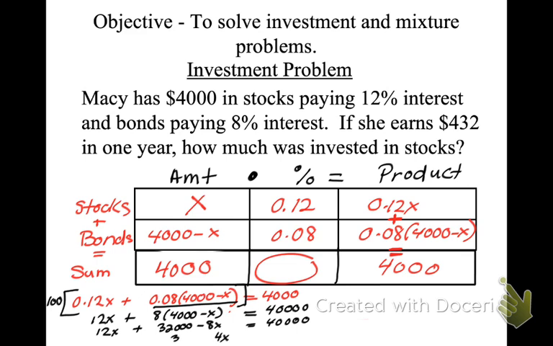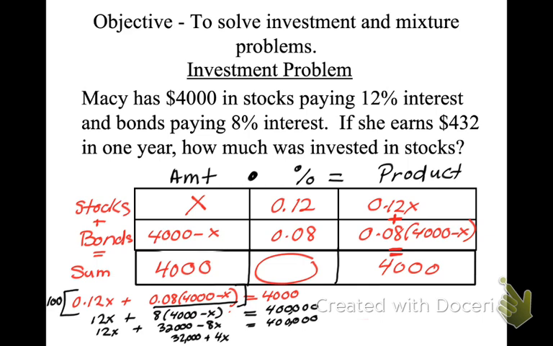Did I need to add another 0? Yeah. Oh, so it's 400,000. Okay. All right, so I have 32,000 plus 4x, right?